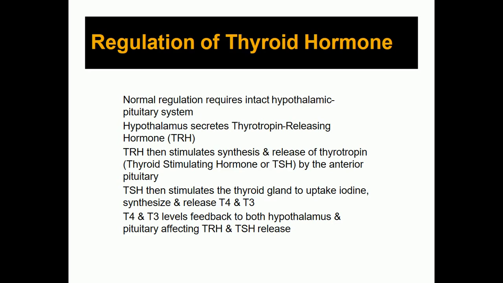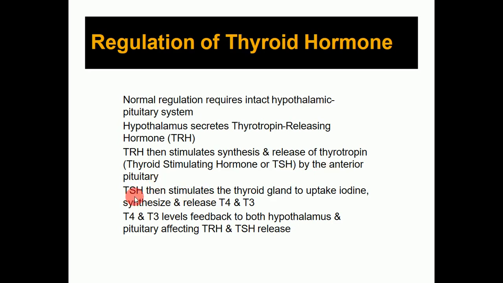After that, the hypothalamus secretes thyrotropin releasing hormone. Thyrotropin releasing hormone then stimulates the synthesis and the release of thyrotropin, thyroid stimulating hormone, called TSH, by the anterior pituitary gland.